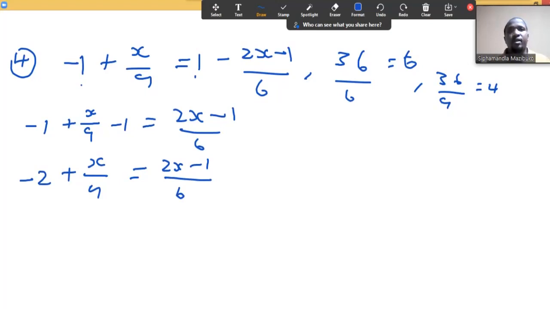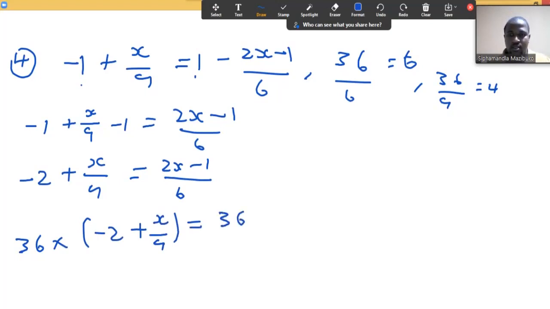So we can apply our LCD. Our LCD is 36, so we are multiplying minus 2 plus x over 9 by 36, and this is equal to 36 multiplied by 2x minus 1 over 6.